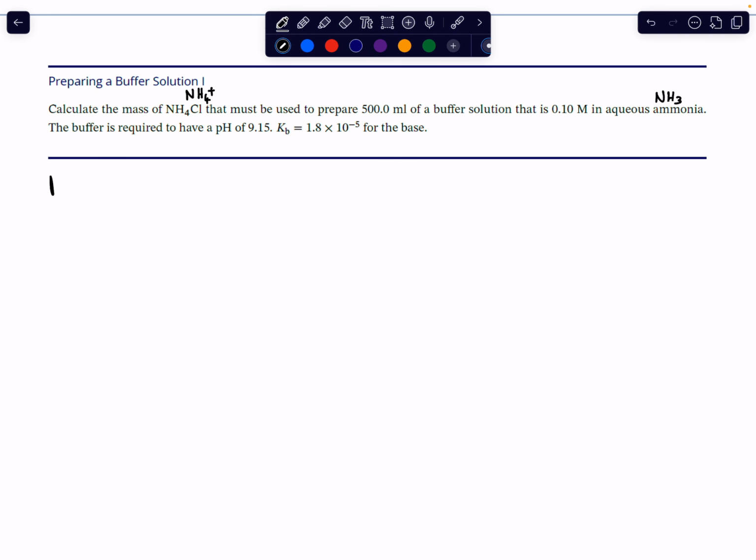So the pH of a buffer is of course given by the Henderson-Hasselbalch equation. So pH equals pKa plus log of the conjugate base divided by the acid concentration.